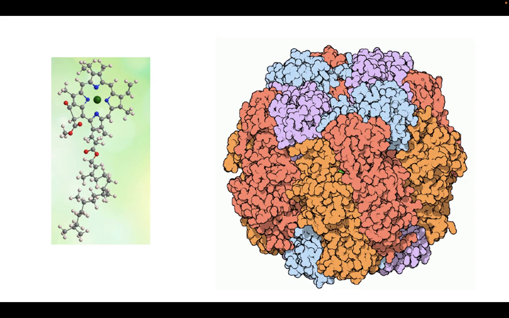So these are our models based on our best understanding of the structure of these molecules. This picture, first of all, shows you a structural formula or structural model of chlorophyll. Each circle is an individual atom.